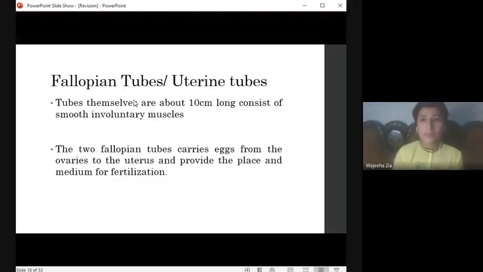Involuntary means there are peristaltic movements that allow the movement of the ovum from the ovary to the uterus. The fallopian tubes have, at one end, tentacles. The tentacles are responsible for the ciliary movements. With these ciliary movements, the egg will move from the ovary to the uterus.